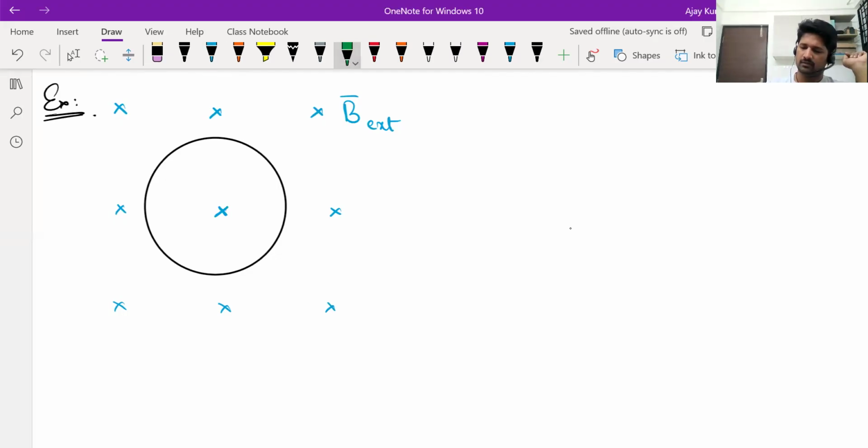Suppose this field is getting stronger. If the field gets stronger, the flux will also increase. We are not changing the area of the loop, and we are not changing the angle between them. So A is not changed, theta is not changed. B is increasing, then flux will increase.